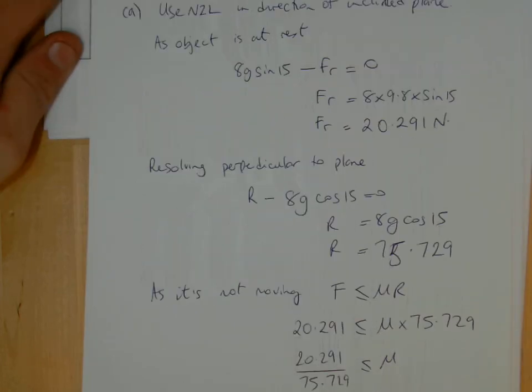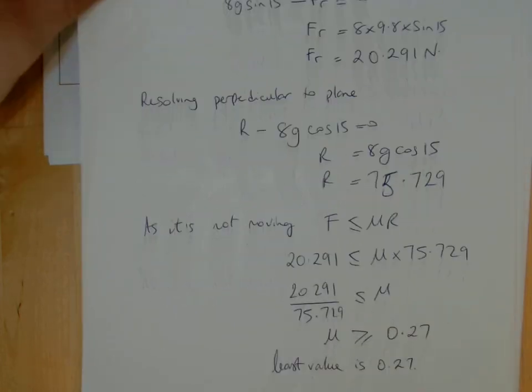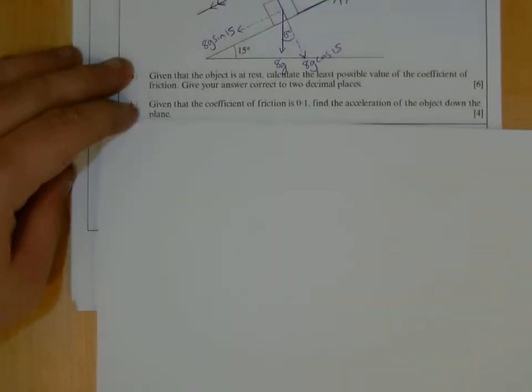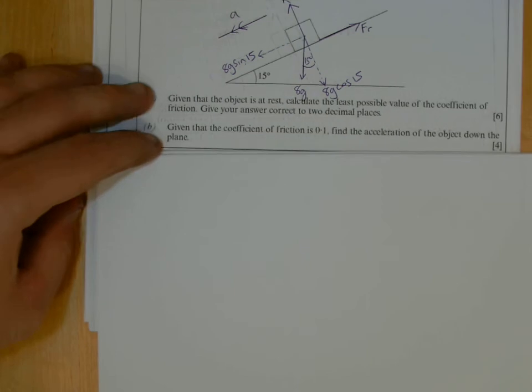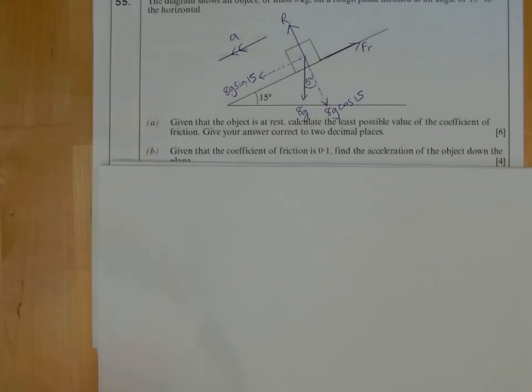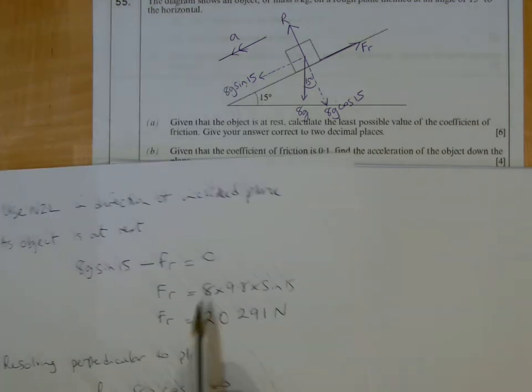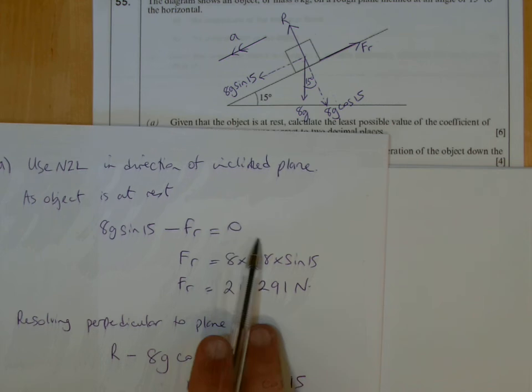Part B then. Part B says, given that the coefficient of friction is 0.1, find the acceleration of the object down the plane. In this case now it is accelerating. So if we go back to our equations, we just put in mass times acceleration.